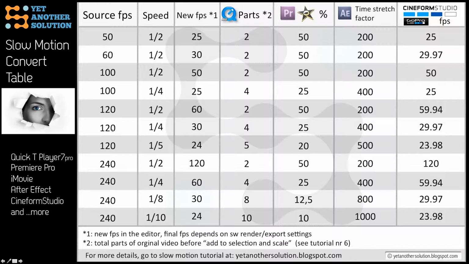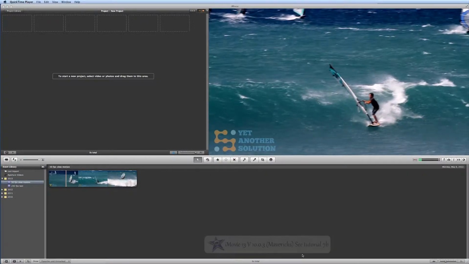Another example: if you have 120 frames per second and want 30 frames per second, then you have 25% in iMovie. This is possible to download for free at yetanothersolution.blogspot.com. But not right now, we are going to do this slow motion in iMovie.